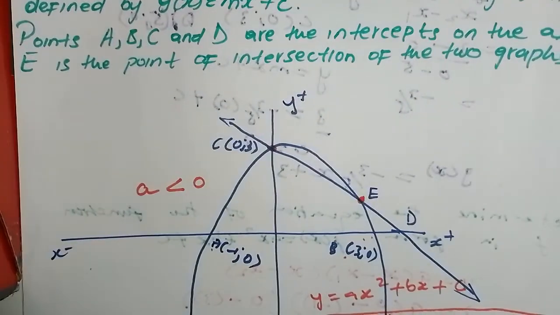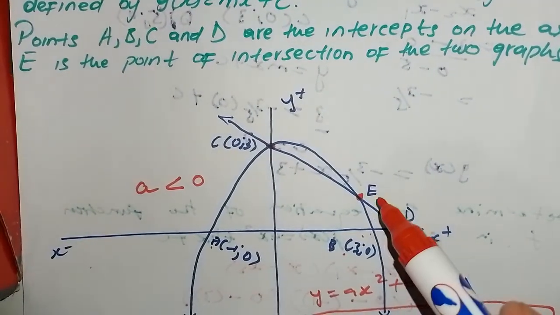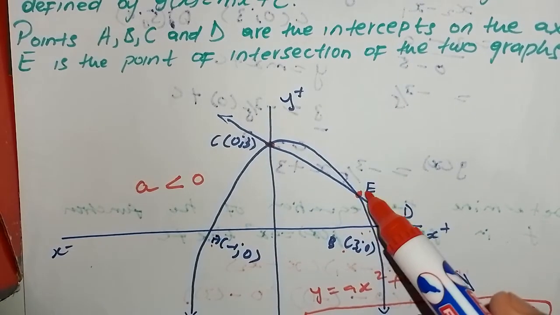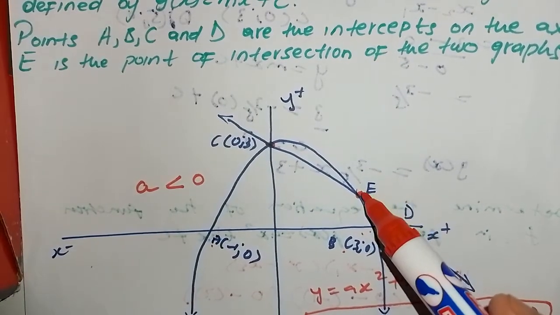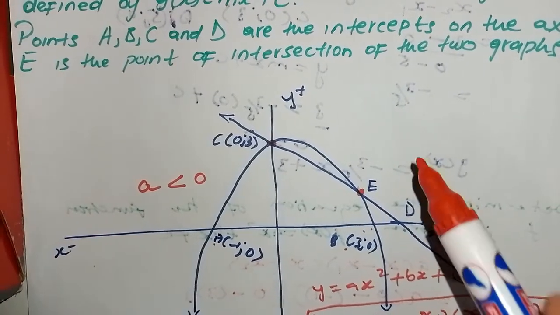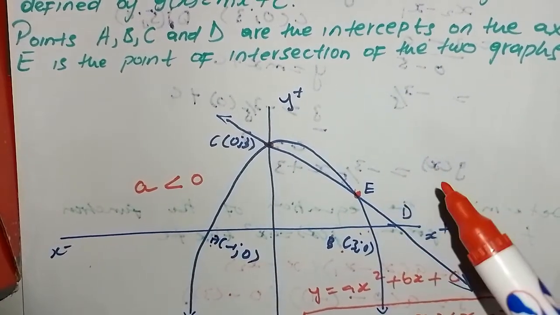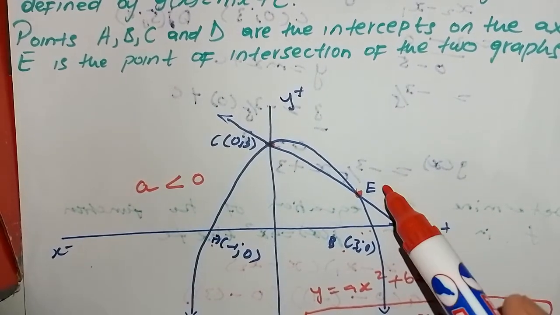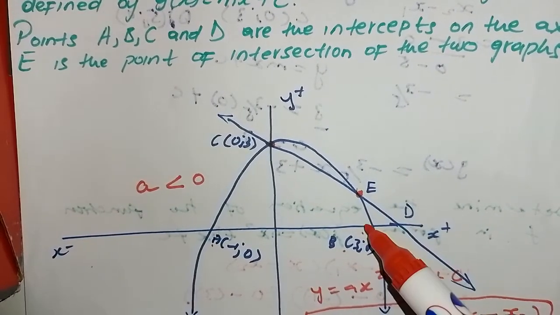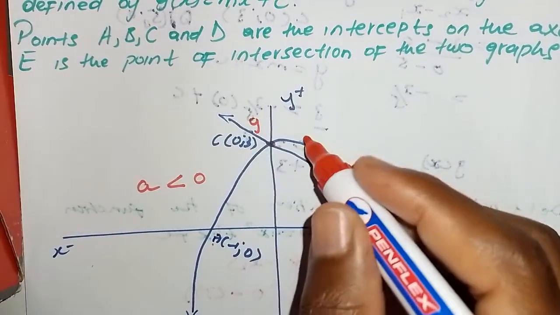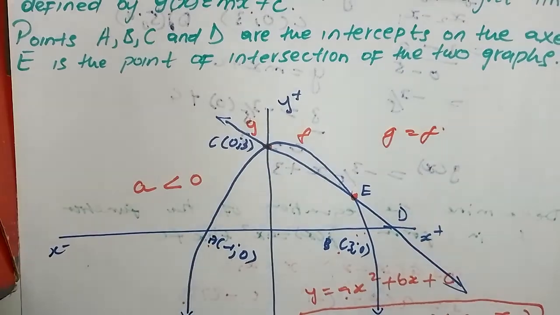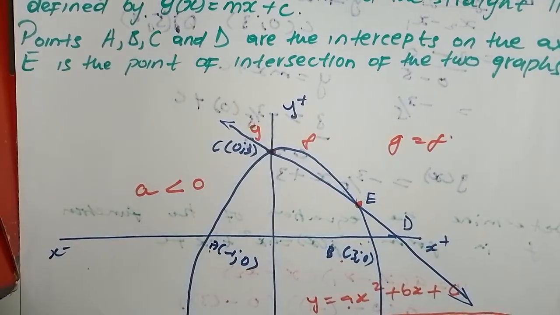Where two graphs meet, to get the coordinates of that point, you can equate the equations or use what we call simultaneous equations. This is your G and this is your F, right? Equate G and F, then you'll get the coordinates of E.